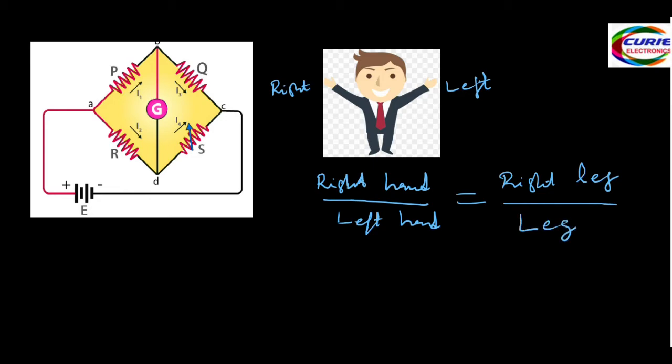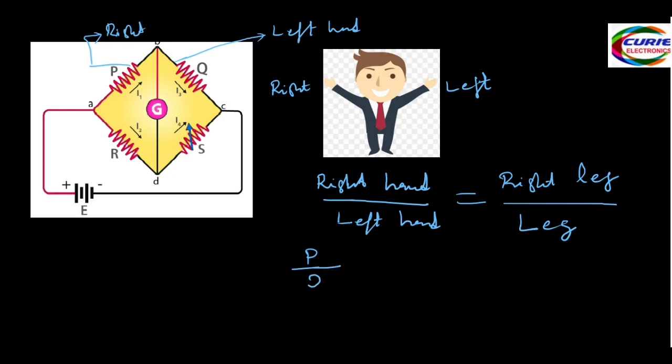So if you compare, this is the right hand. This is the left hand. We are comparing with the same image, this picture. Similarly, the right leg and left leg. Now, what is the right hand value? P is there, upon, what is there in the left hand?